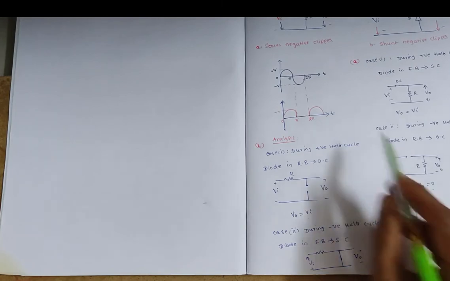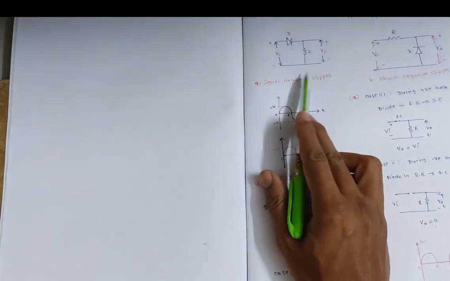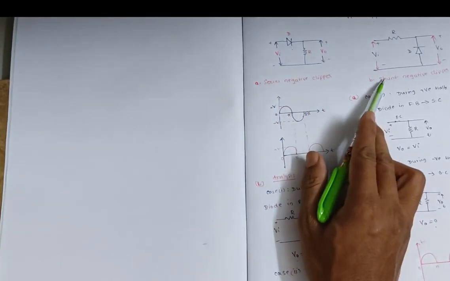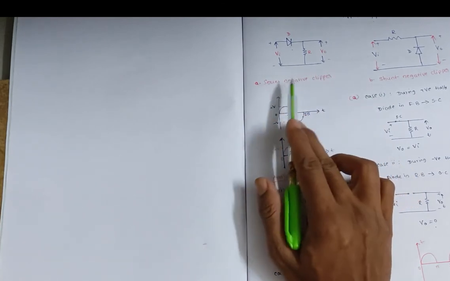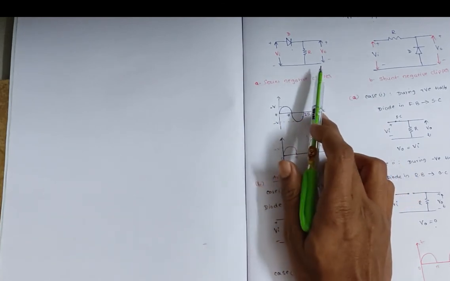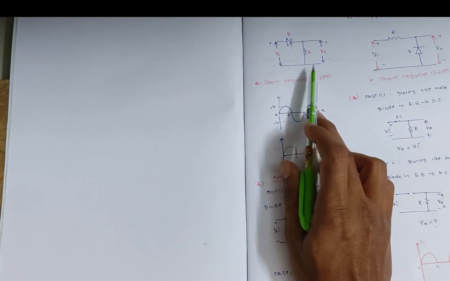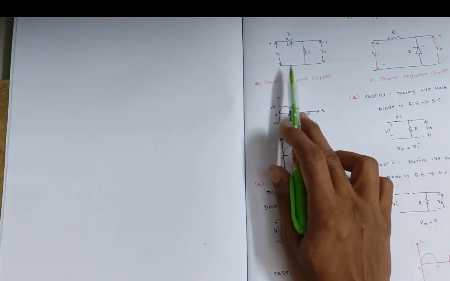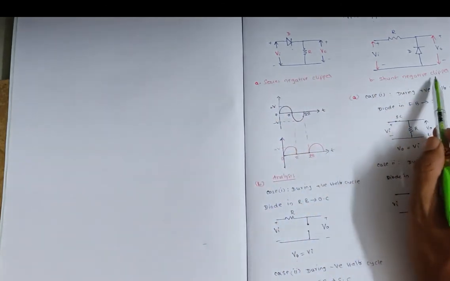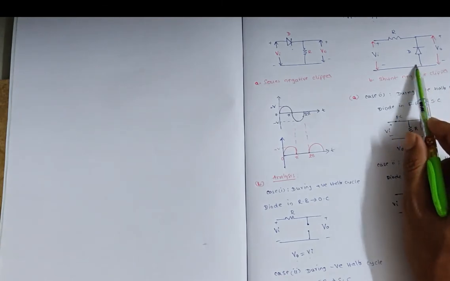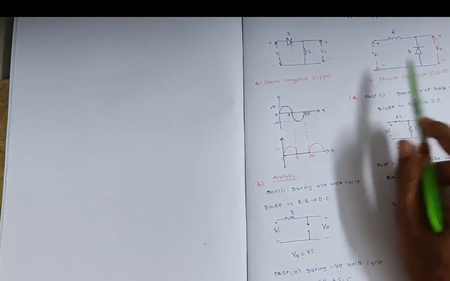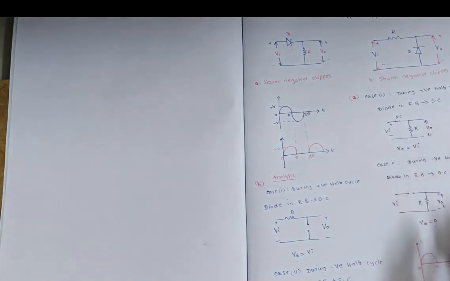So these two circuits are acting as negative clippers. It is called a series negative clipper because we are connecting the output in series with the diode, and here we are connecting the output in shunt with the diode. This is the shunt negative clipper, and that is the series negative clipper.